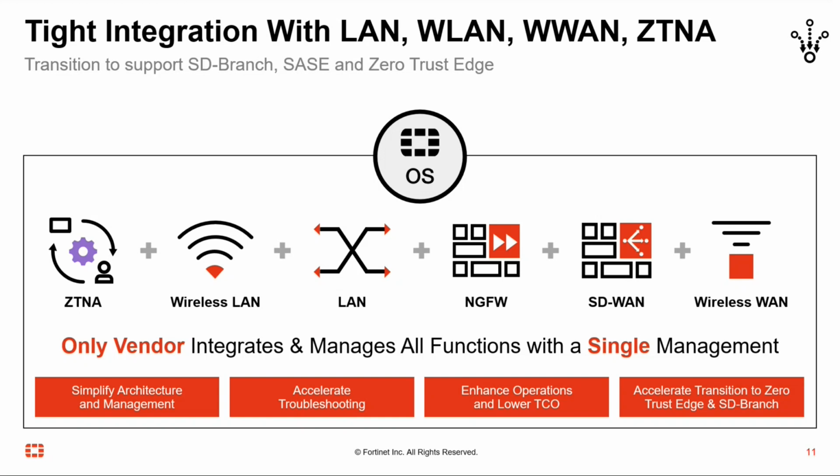And then finally, from a wireless WAN perspective, providing the 3G, 4G, and 5G connectivity to bring that all together when we look at it from a secure SD-WAN or secure SD branch perspective.